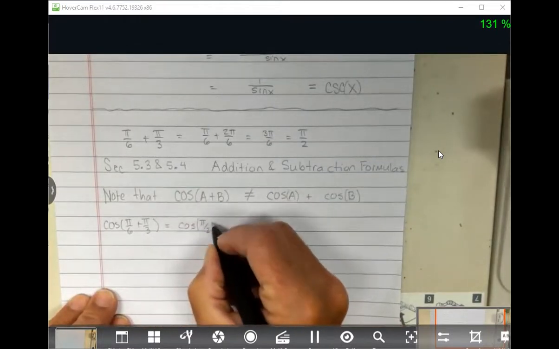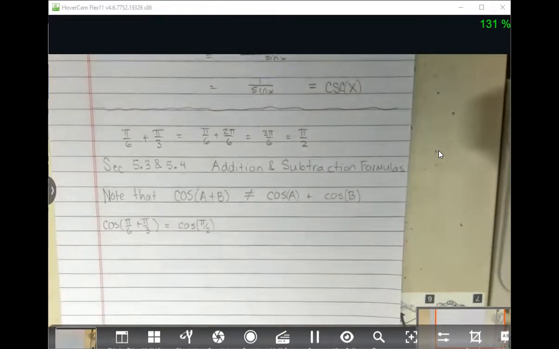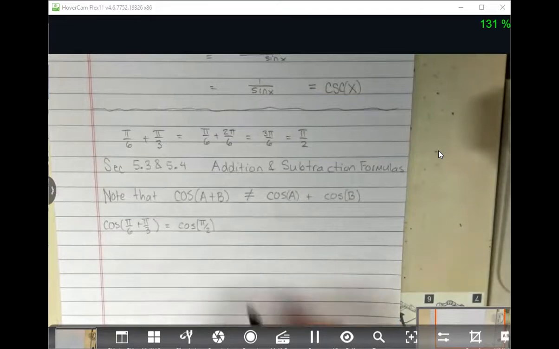Does anybody in this room know the value of the cosine of pi/2? The value of the cosine at pi/2? 0. Now I'm going to take the cosine of pi/6 and add it to the cosine of pi/3 individually, and we ain't going to get 0.